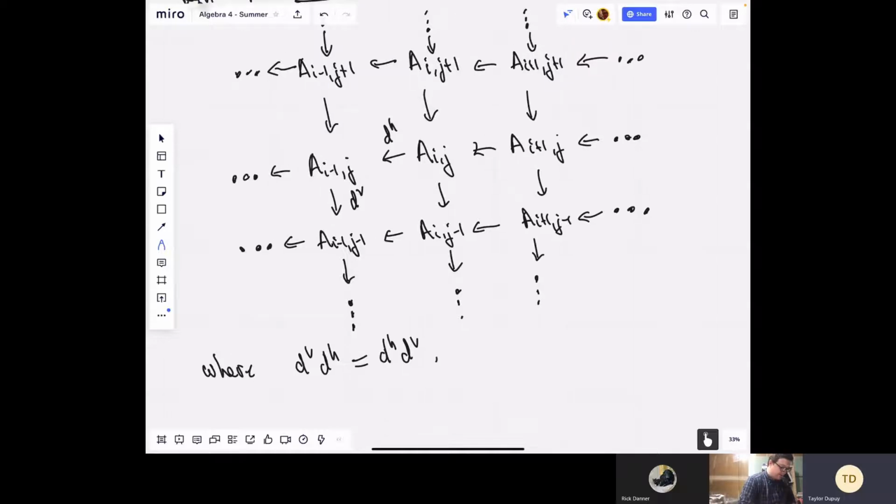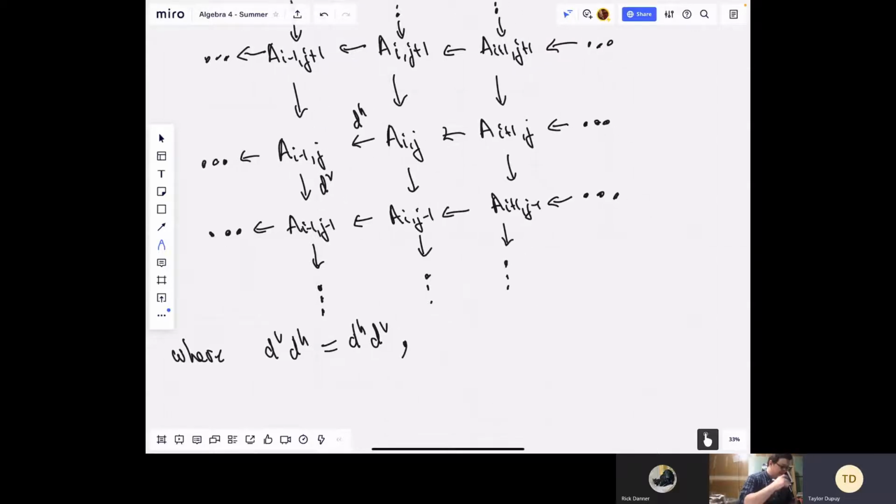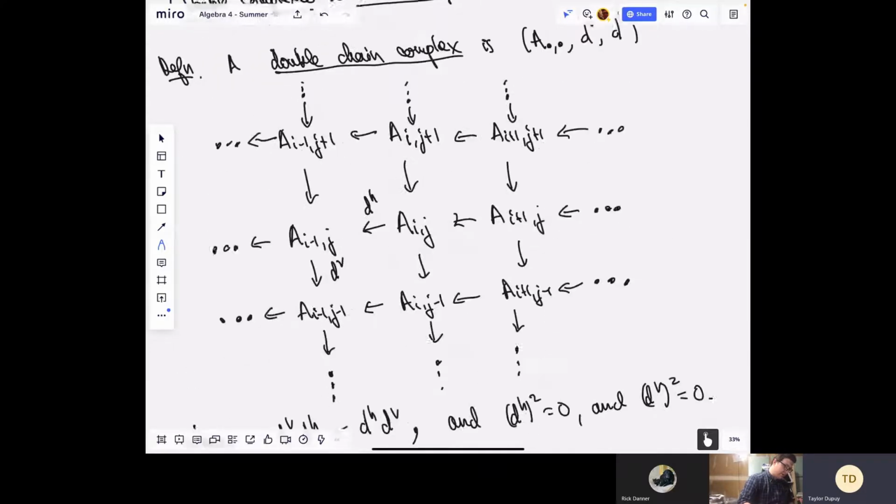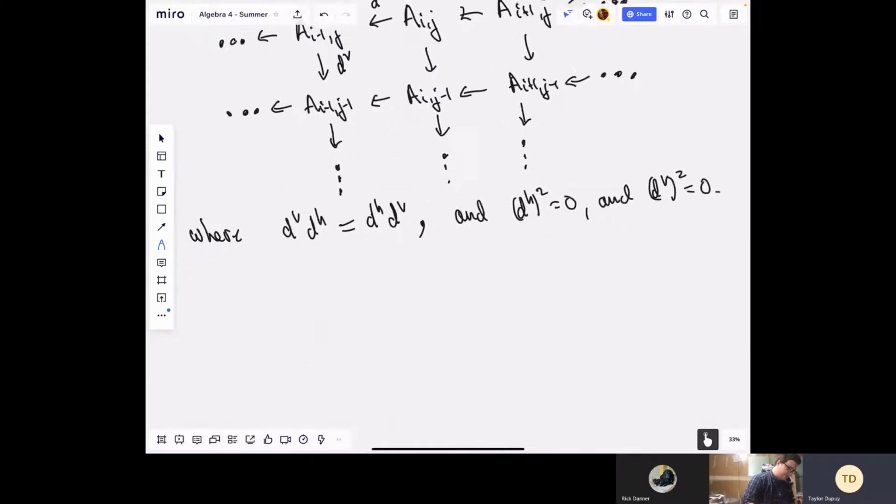Depending on your convention, your total complex will be different, and I'll get to the total complex in a second. We have d_h squared is 0, and d_v squared is equal to 0. So this is what a double complex is.